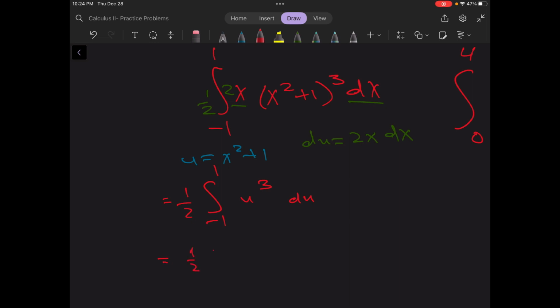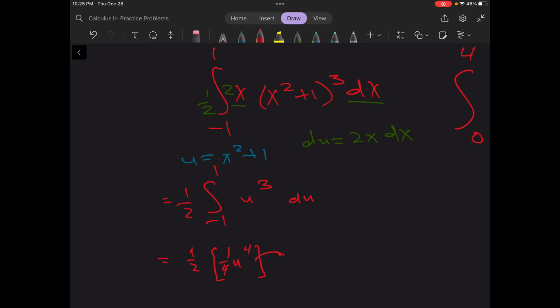Let's just focus on the indefinite integral. So add 1 to the exponent and divide by that new number. There's not going to be a constant, and we're going to evaluate this.